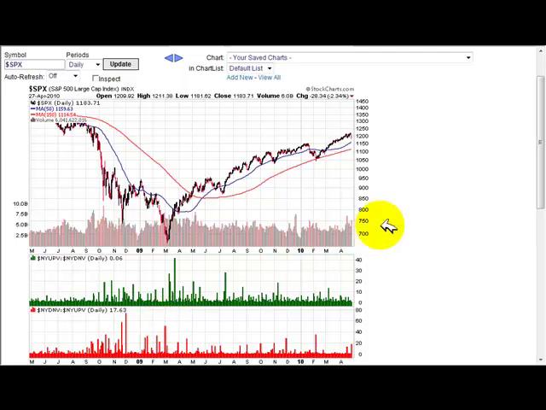Point being, what I want you to take from this is that when you have extreme selling days like this, it's very unusual for the market not to immediately turn around the next day and at least trade higher for a little while. And in February, in October, July, September, those days might mark great buy points in the stock market.